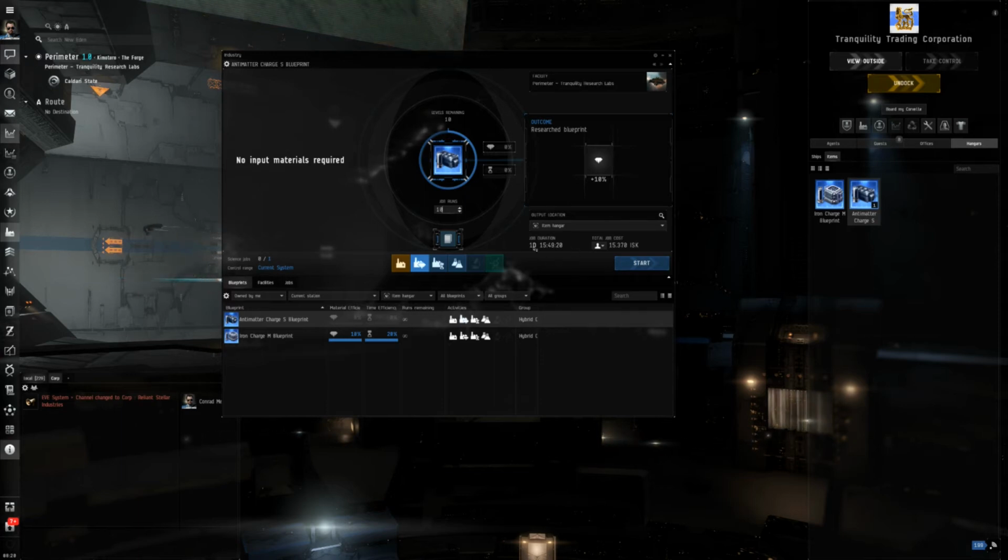Unfortunately, the duration is not the same for all, or not so low for all blueprints. This depends on several factors.